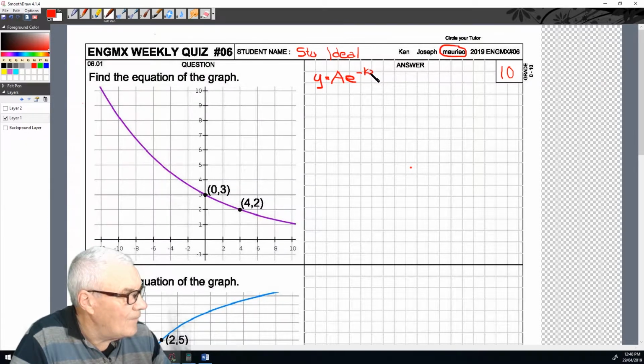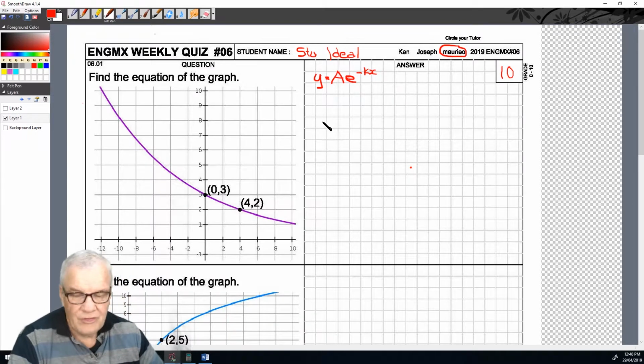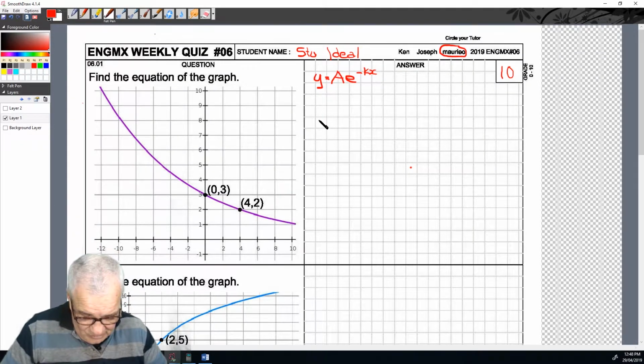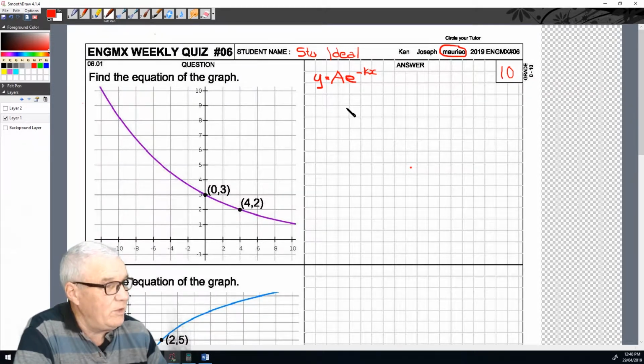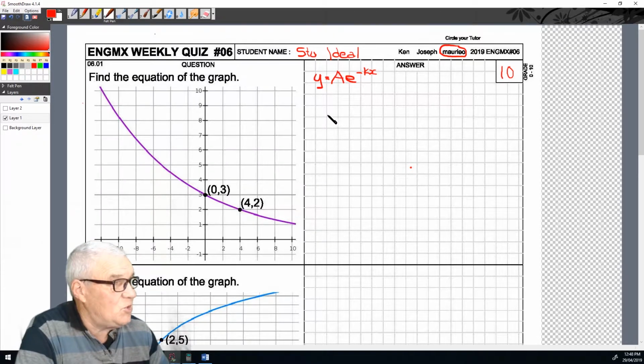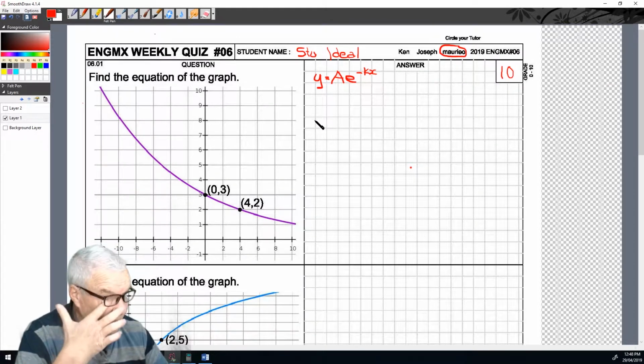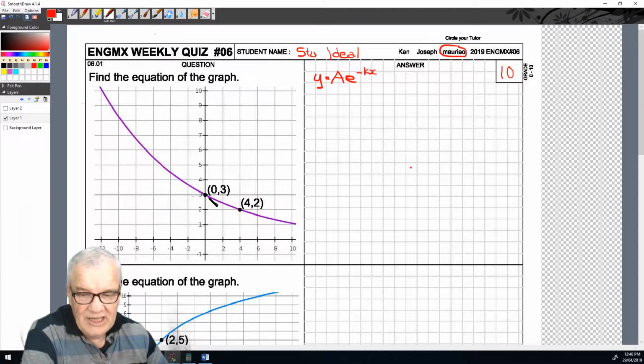So the first thing is you have to identify that it is an exponential decay graph, and we know that its k is going to be negative. Now, this doesn't appear so much on the formula sheet, so this is one of those little factoids that it would probably be a good idea to remember going into an exam. Now, what we know is if we look over here, when x equals 0, y equals 3.